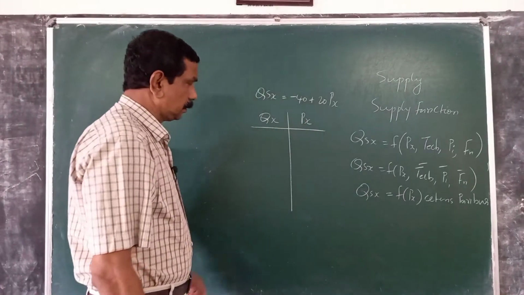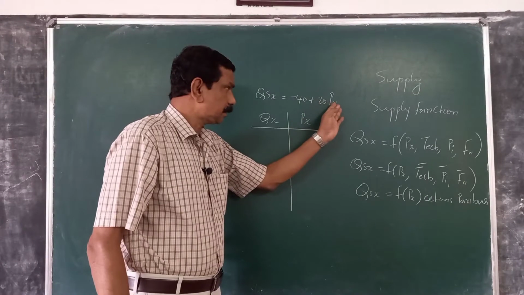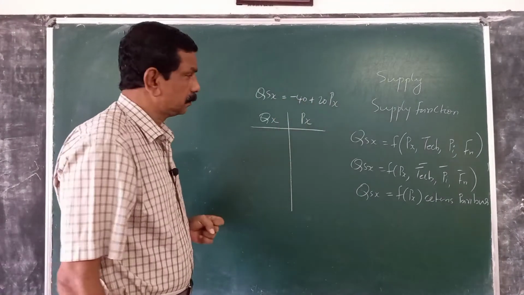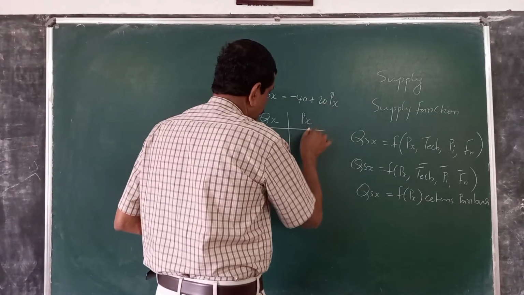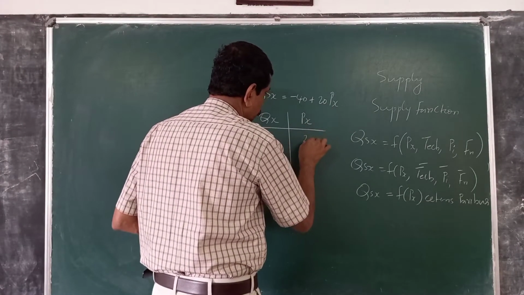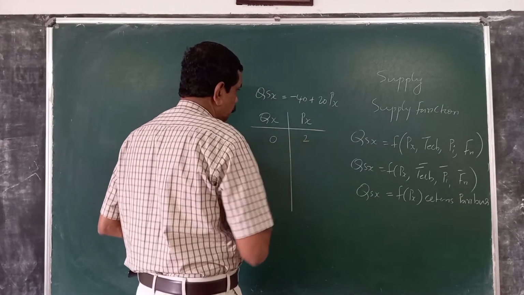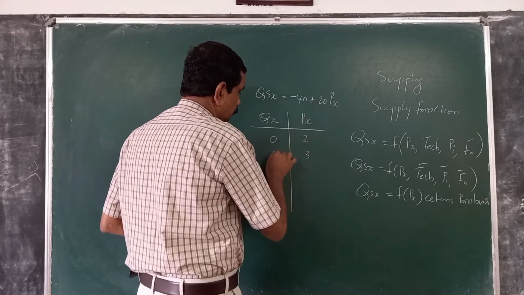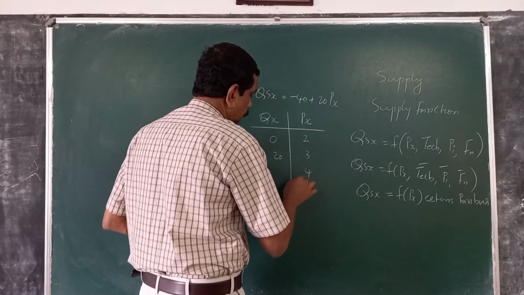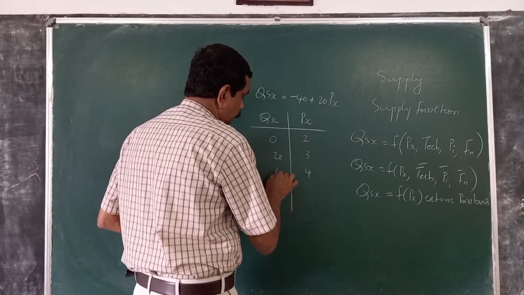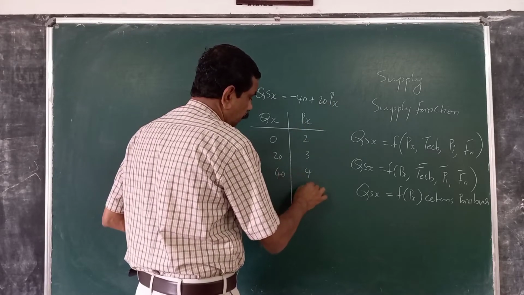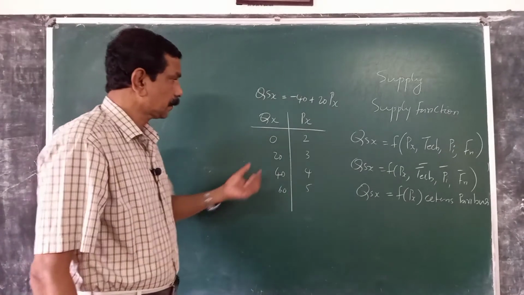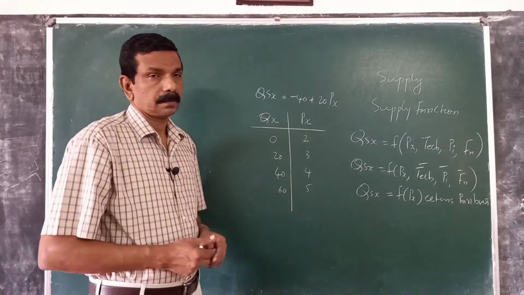If Px is 0, quantity is minus 40, not meaningful. It becomes meaningful only when Px is 2, where quantity supplied is 0. Px 3 gives 20, Px 4 gives 40, Px 5 gives 60, like that. You have the supply schedule.